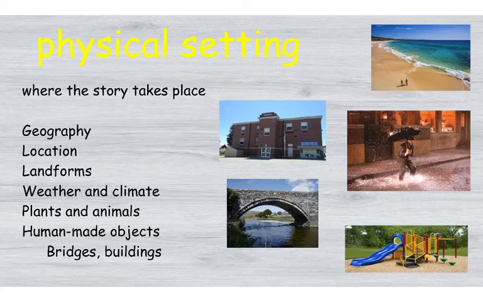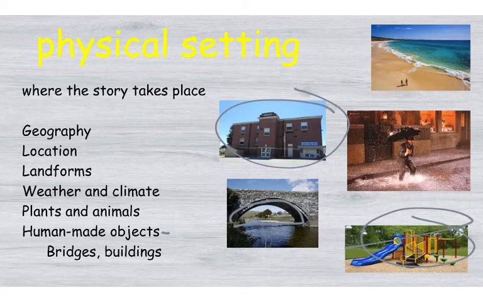Or are you on a farm and there's all types of vegetables growing? And our last thing that we can mention is man-made objects. So like bridges, buildings, playgrounds. All things that people make. Houses, roads, sidewalks, parks, different things like that.